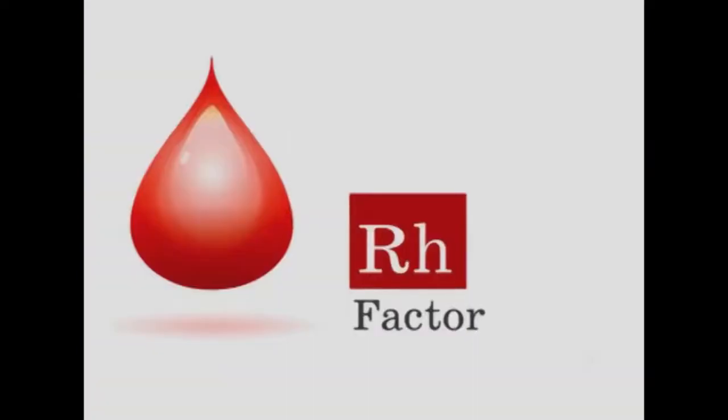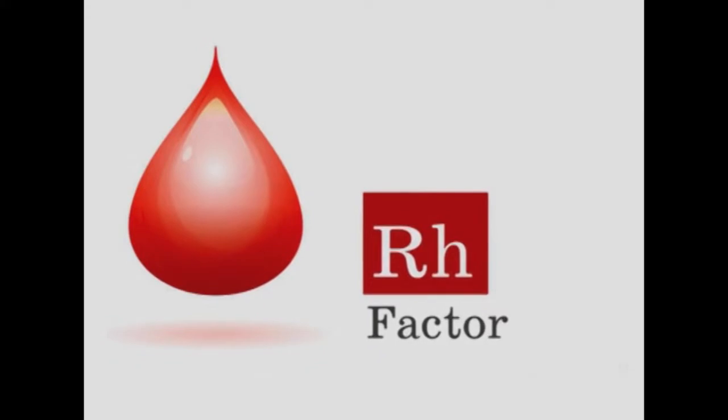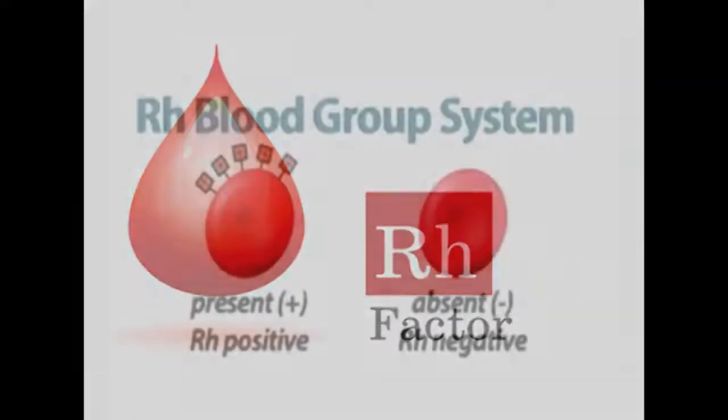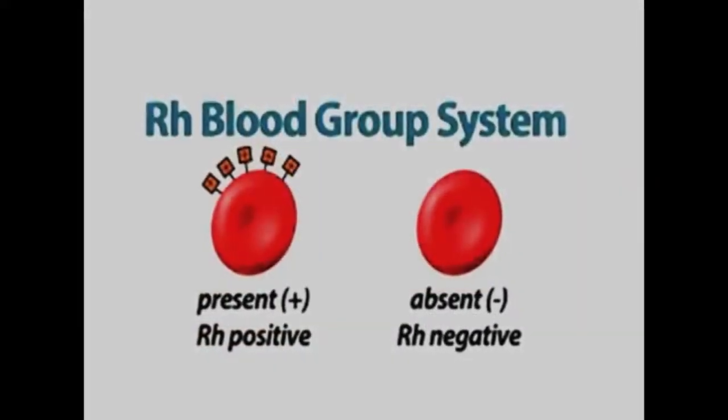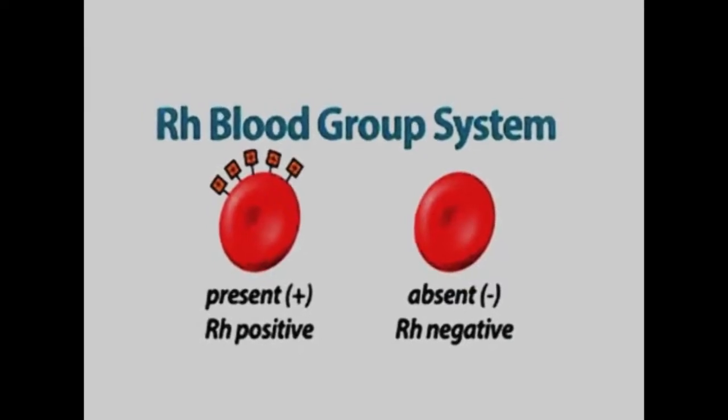A second difference creates what is called Rh positive and Rh negative blood. If a surface marker called the Rh factor is present in an individual's red blood cells, the person is said to be Rh positive. If the Rh marker is not present, then the person is said to be Rh negative.